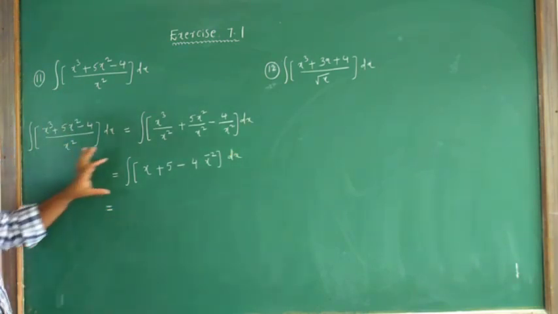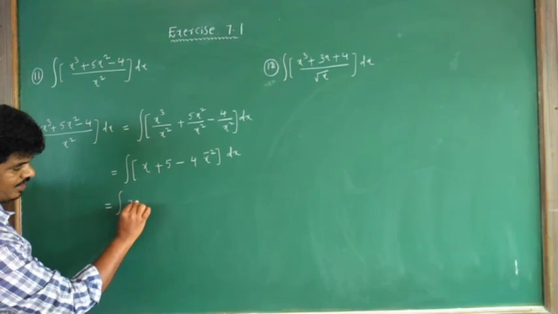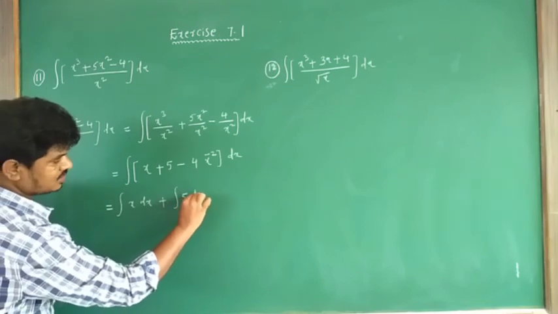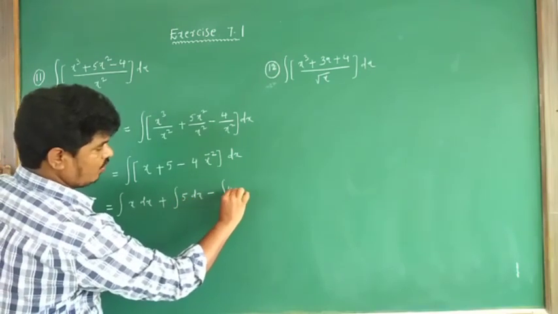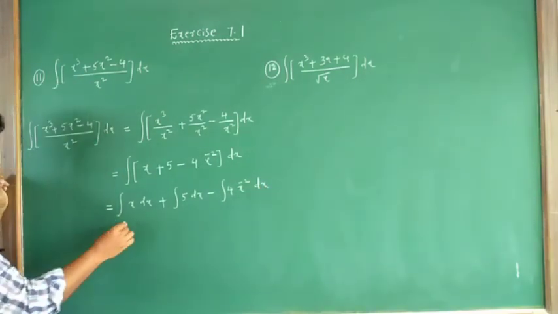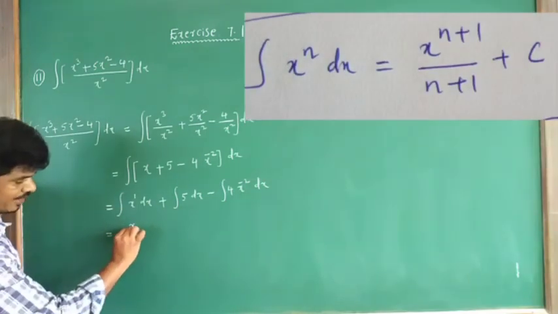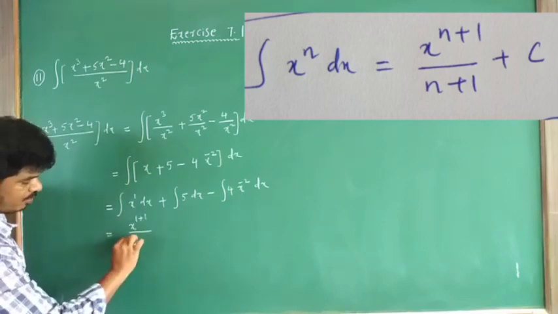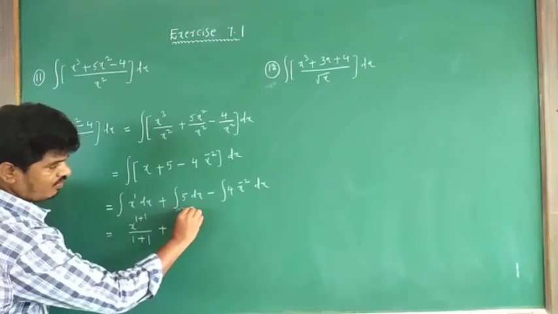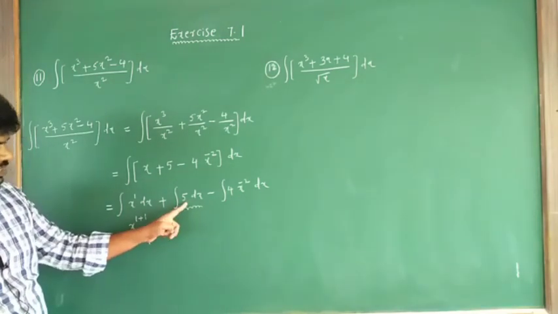Now take the integral separately for these three terms. What do we have? The integral of x dx plus the integral of 5 dx minus the integral of 4 into x to the power of minus 2 dx. Here x has power 1. What is the integral of x to the power of 1? That is x to the power of 1 plus 1 divided by 1 plus 1. The integral of 5 dx you can take as 5x, otherwise take the 5 outside.